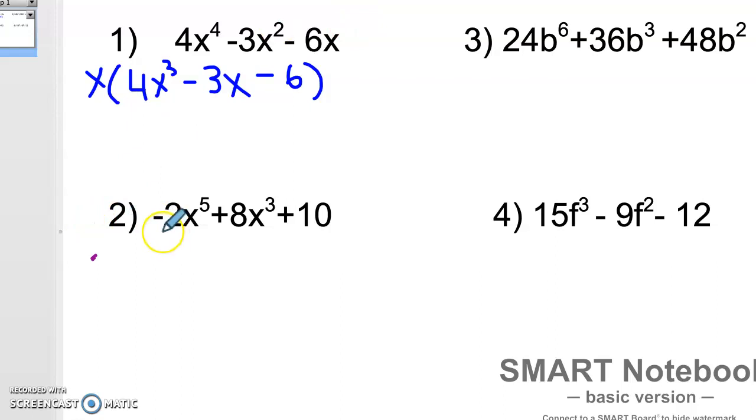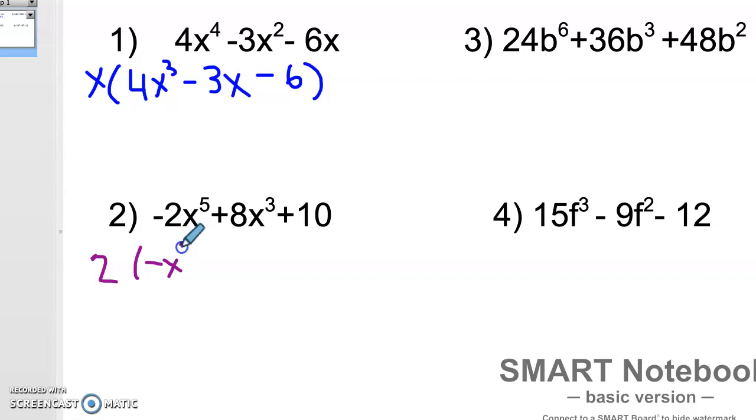In number 2, we can see that there is a number that goes into 2, 8, and 10 evenly, and that number is 2. We can't take out a variable, however, because 10 does not have an x. So that means we're just going to divide everything by 2. So negative 2 divided by 2 is negative 1, and x to the fifth stays the same.